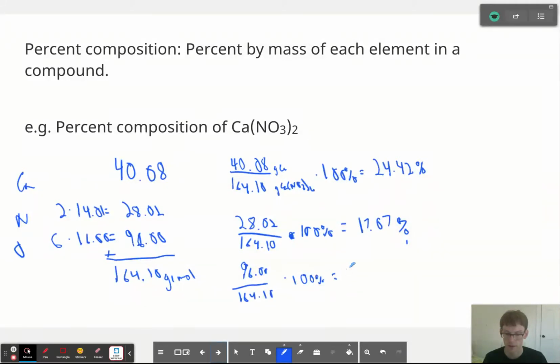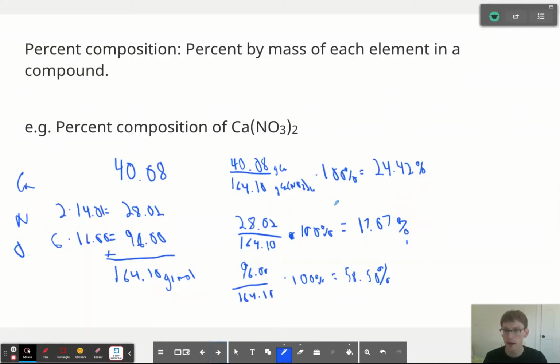And that gives us 58.50%. And, minus a slight variation based on rounding, you should be getting pretty much exactly 100% when you add up everything, which I believe is what we have here.